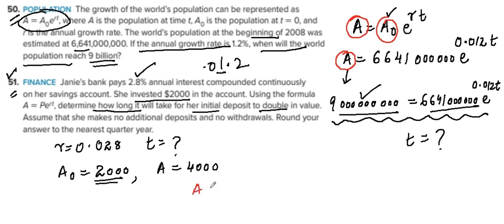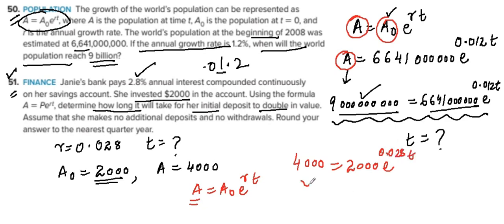So A is equal to A naught e^(rt), where A is 4000, 4000 is equal to 2000 e power the rate of interest 0.028, and time. If you write this equation in the calculator, you will get the time. So this is how we are going to solve 50 and 51. Then two more questions are there in FRQ.